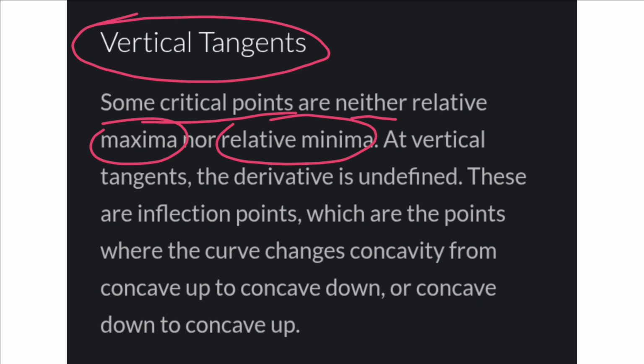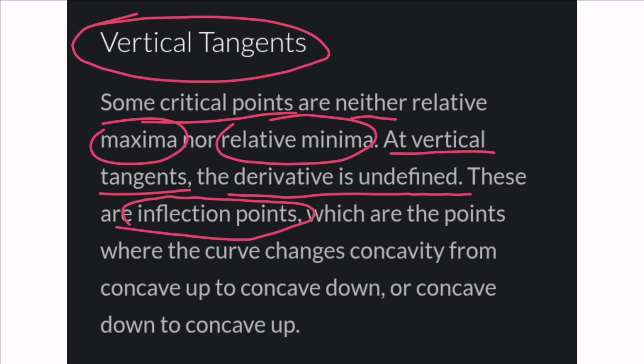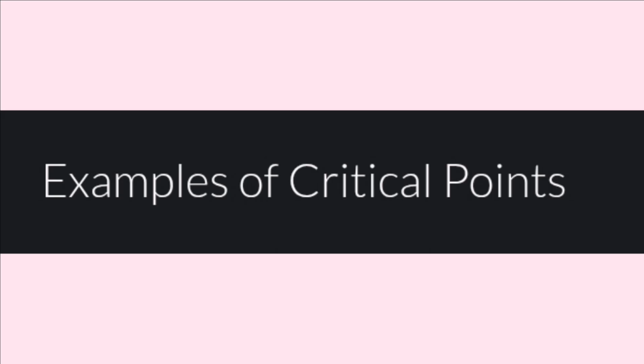At vertical tangents, the derivative is undefined. These are inflection points. This means that the third one is the critical point which is an inflection point, the points where the curve changes concavity from concave up to concave down or from concave down to concave up. This is another critical point.